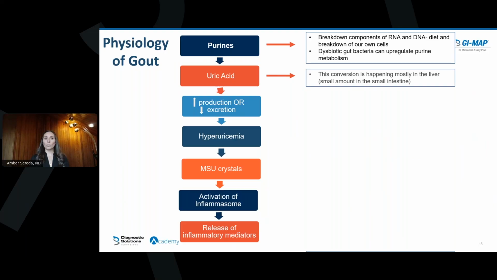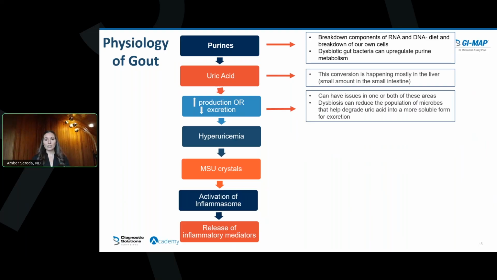So then with gout, we're going to have increased production or decreased excretion or both. Dysbiosis, again, can reduce the population of microbes that help to degrade or break down uric acid into a more soluble form. And we're going to look at that later.